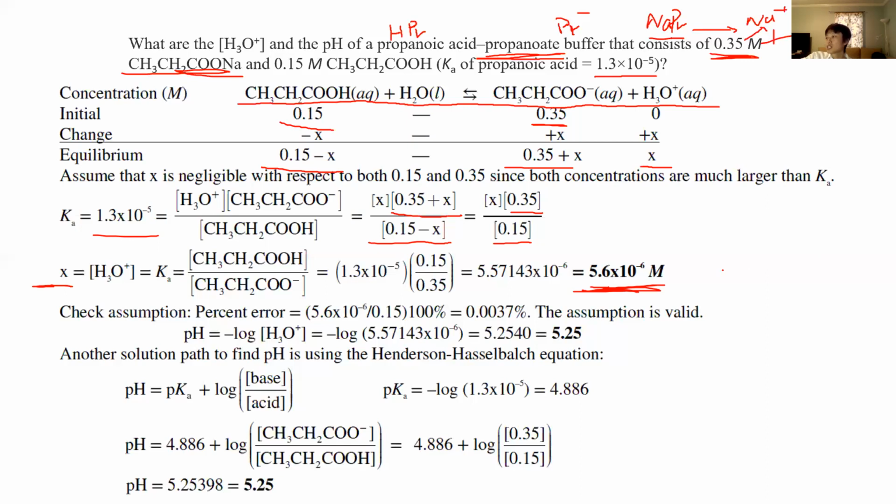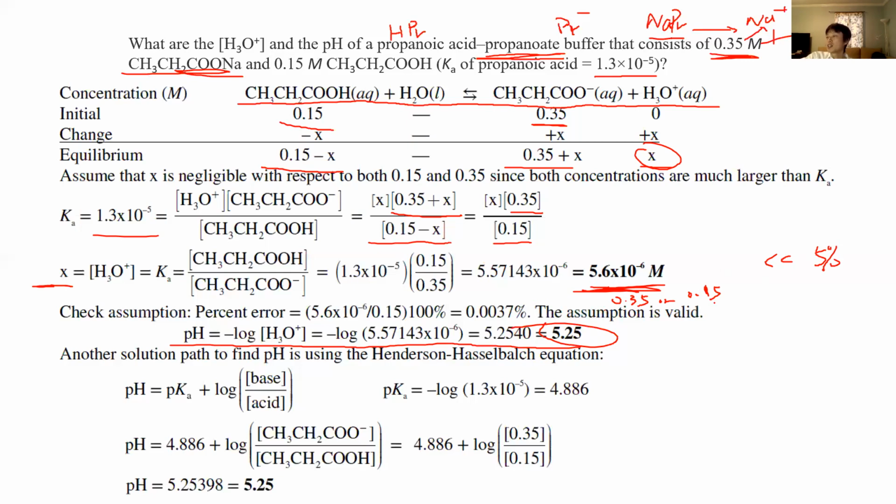So again, you have to justify this. You divide this by 0.35 or 0.15, and you get the percentage, which is way less than 5%, meaning that the assumption you made is good. Then X is the proton concentration, so you can convert that into pH. So you got 5.25.